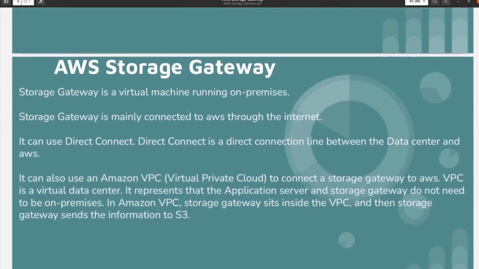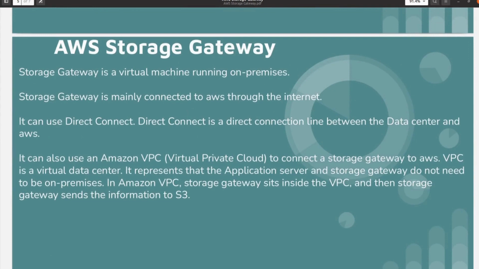So let's go ahead and discuss another storage gateway type. A storage gateway is a virtual machine on premise. A storage gateway mainly connects to AWS through the internet. It can also use Direct Connect, which is a direct connection line between a data center and AWS.